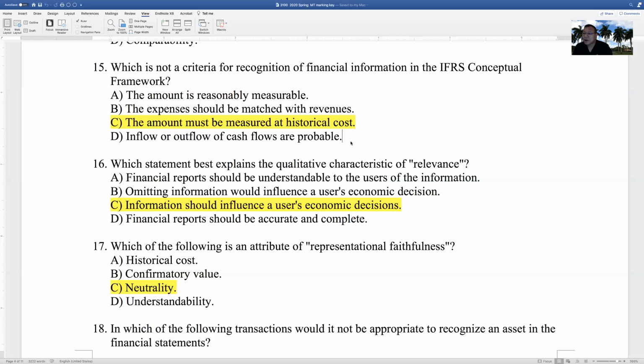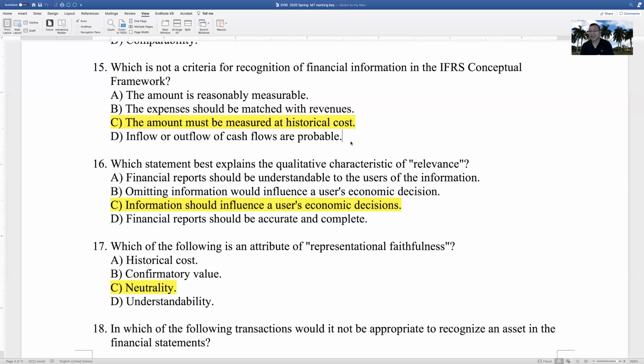If you happen to already include this amount into AR and loss for doubtful account, because the future inflows of collecting that balance is not probable, therefore, we should not recognize that account receivable.